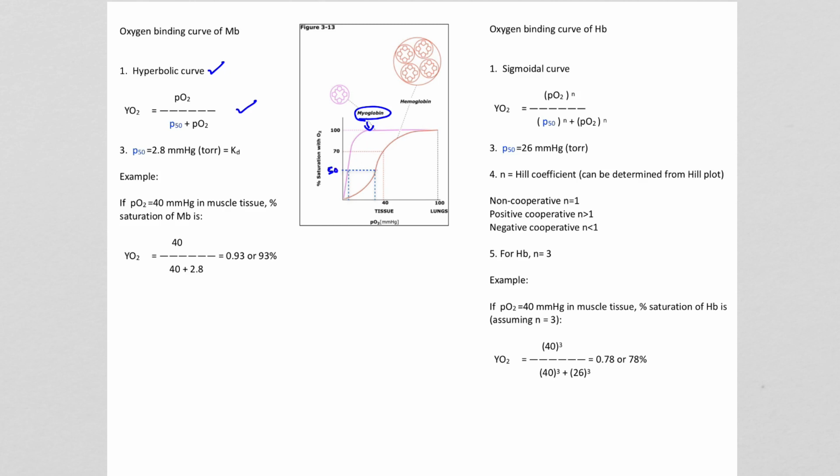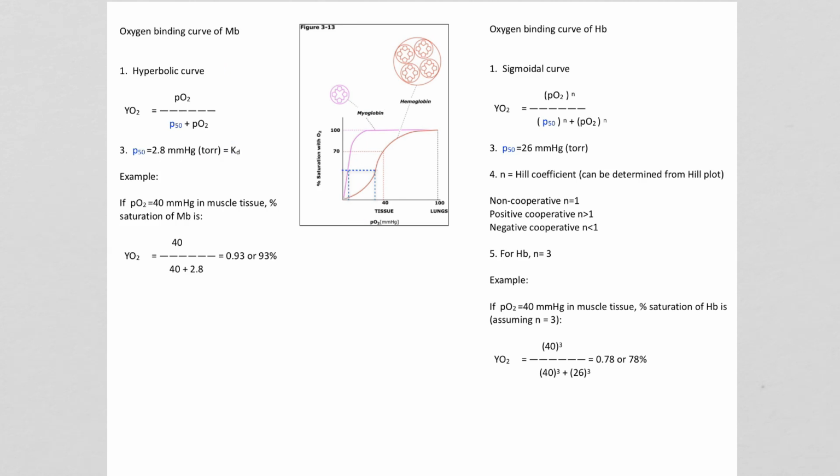P50 is obtained by taking 50% saturation, extrapolating it to the curve, and the PO2 here is your P50. For myoglobin that comes out to be around 2.8 millimeters mercury, or 2.8 torr. This is also called the dissociation constant, or Kd, of myoglobin.